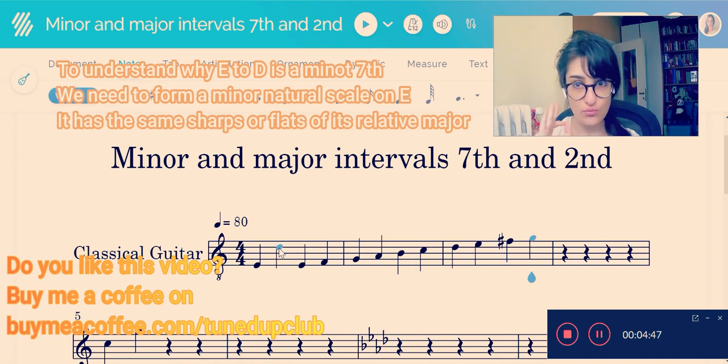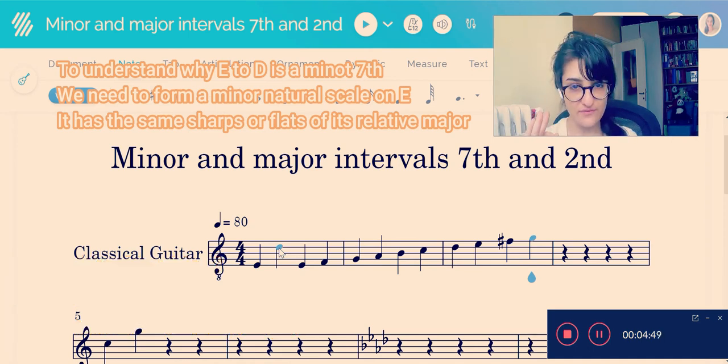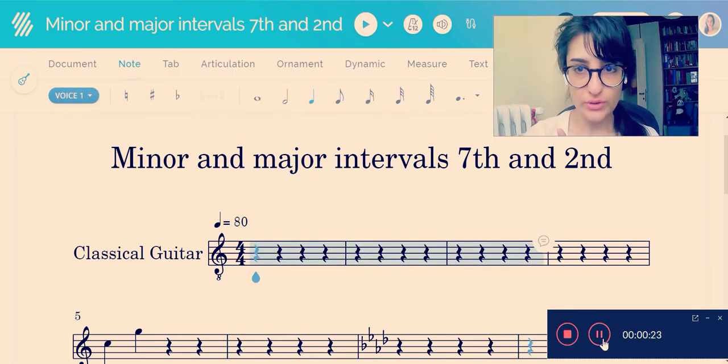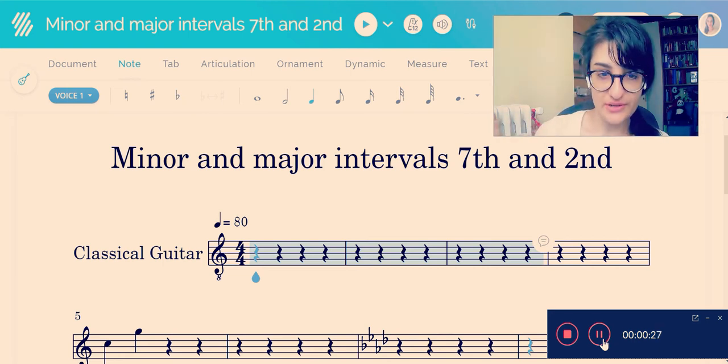Because when we form a minor seventh, we consider the natural minor scale, not the ascending melodic minor and not the harmonic minor. And the natural minor scale has the same sharps and flats of its relative major. Nothing more, nothing less. So we have learned how to identify minor and major seventh.